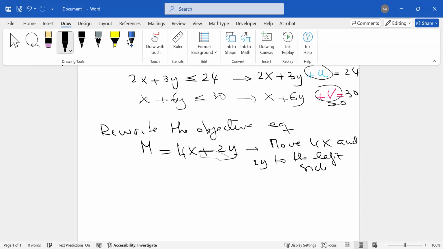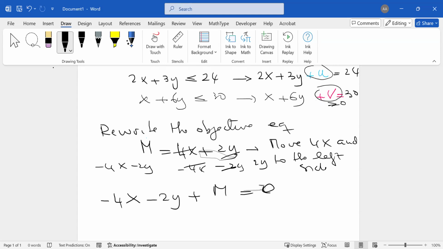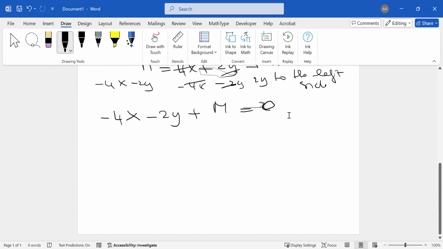You see minus 4x here, minus 4x here, it cancels out. Minus 2y, this cancels out. So what we get is negative 4x minus 2y plus m equals 0, right? Okay, now we are ready to write our system of equations.